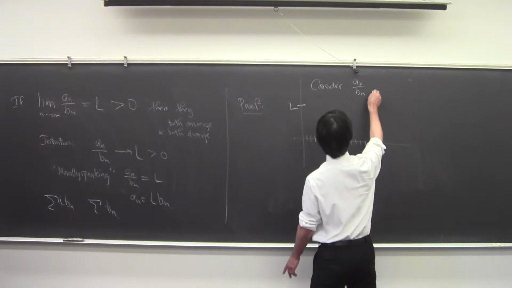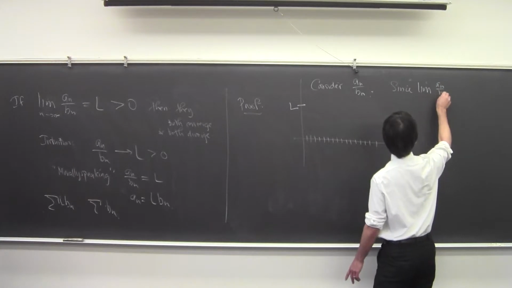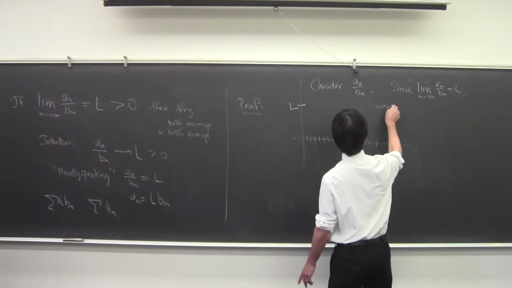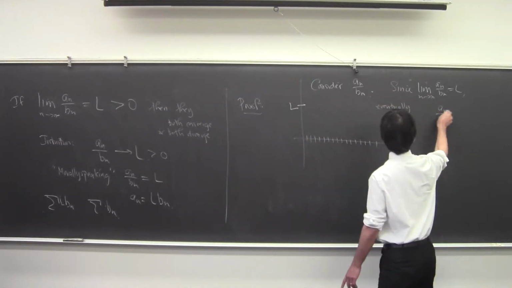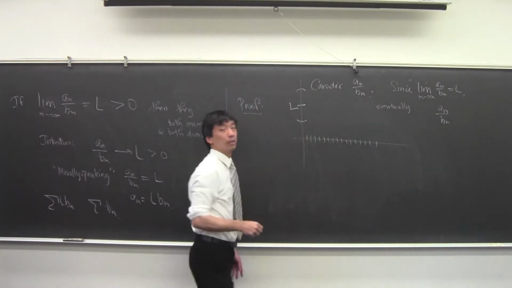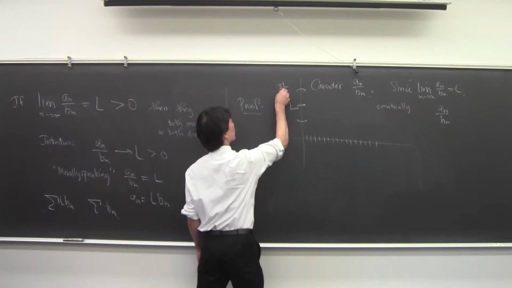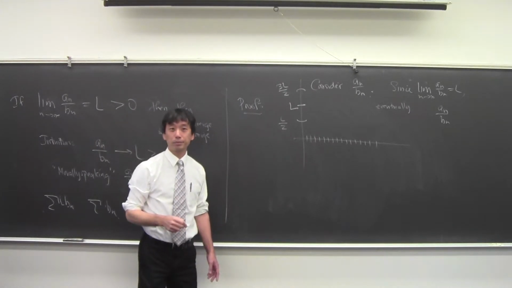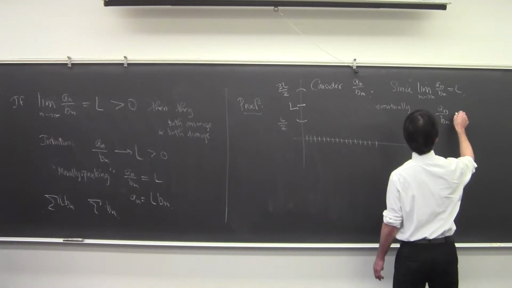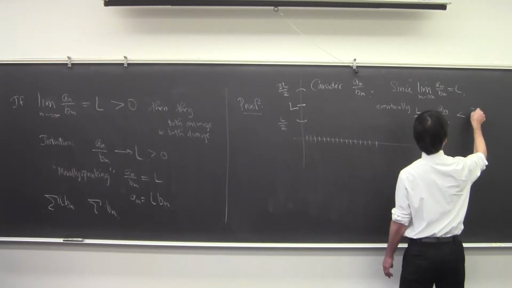Since the limit of A sub n over B sub n equals L as n goes to infinity, eventually A sub n over B sub n is going to be between L over 2 and 3L over 2. Eventually this is going to happen.